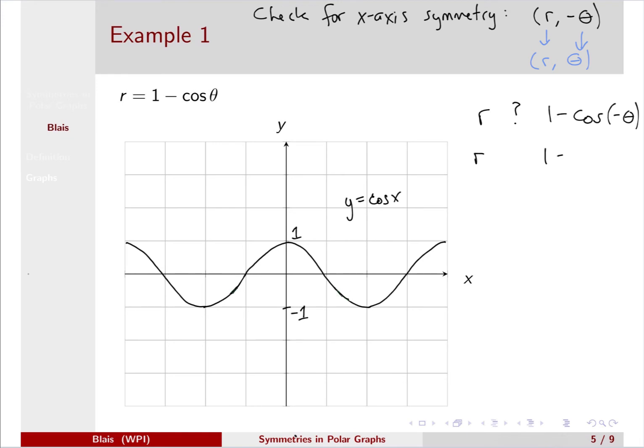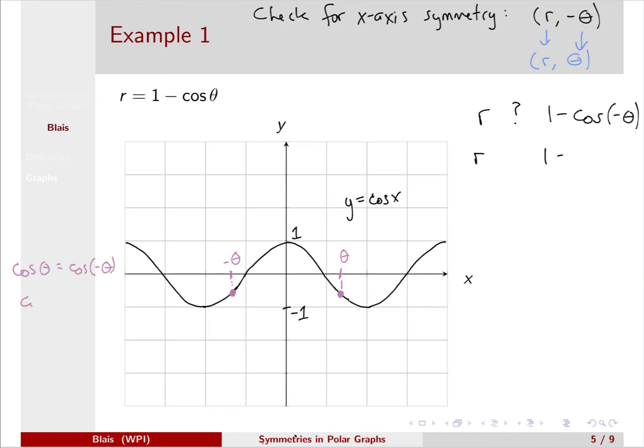Well, we know that cosine of x is an even function. So the graph of y equals cosine of x looks like this. And it's symmetric about the y-axis, which is a graphical representation of it being even. So if you choose a theta here, and then you look at its mirror image of minus theta on the other side, we see cosine of theta and cosine of minus theta are the same.